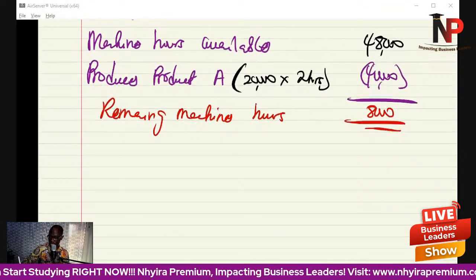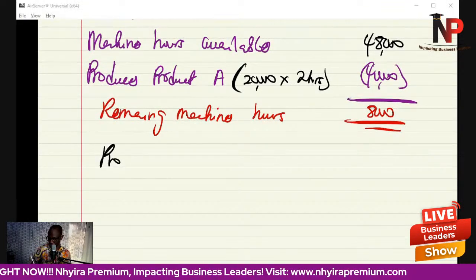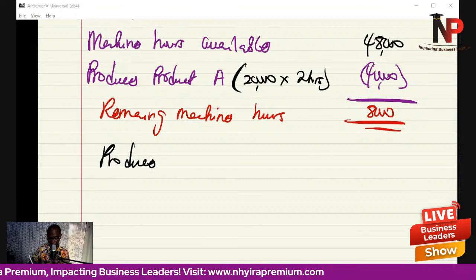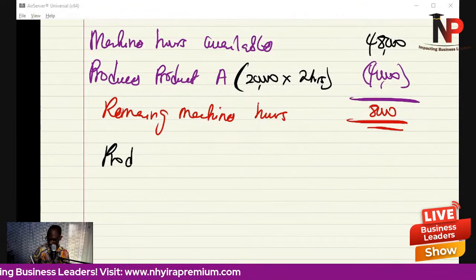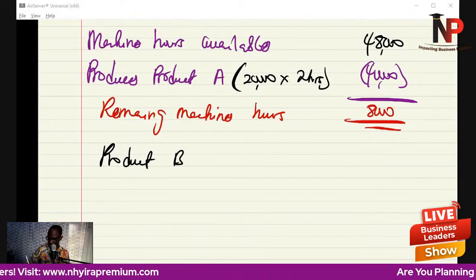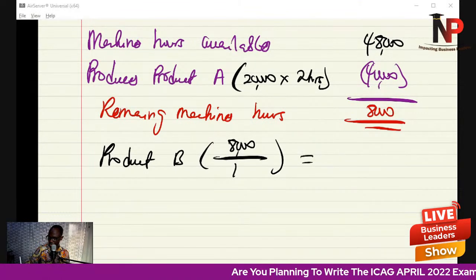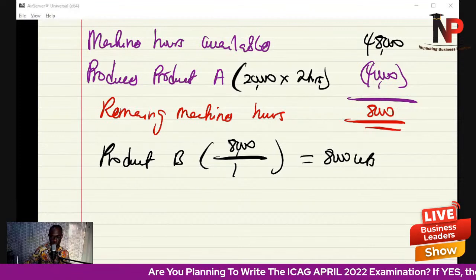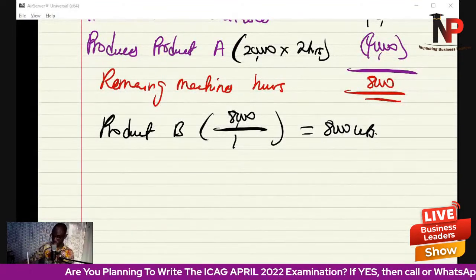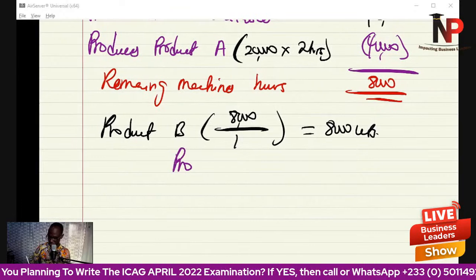So from here, for product B, we can produce 8,000, obviously. It will be 8,000 over 1. That's going to be 8,000 units. So what is our production plan? Very simple.